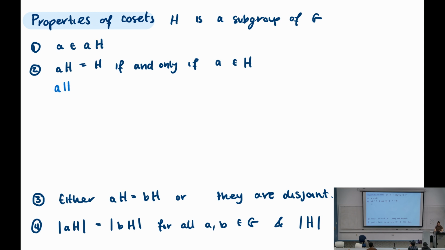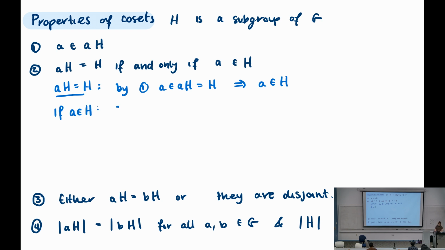Let's assume that AH is equal to H. By the first property, we have that A is contained in AH, and this is equal to H. So we can conclude that A is contained in H. That shows that if AH is equal to H, then A is in H. For the reverse direction, if A is an element of H, then it is clear that AH is a subset of H because H is a subgroup, so it's closed under multiplication.